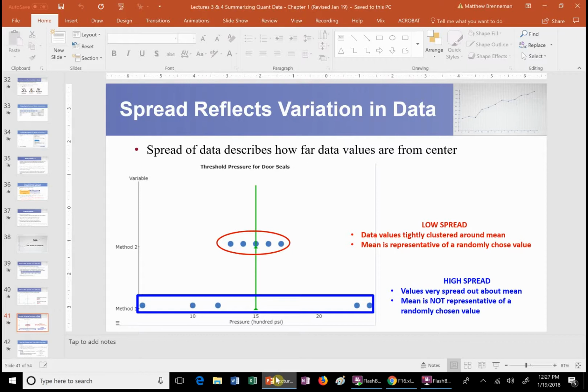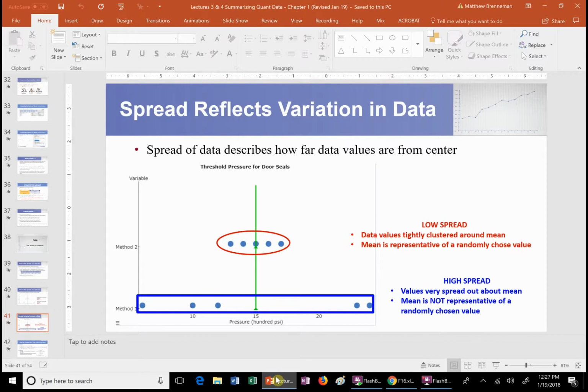For one individual. Why? Because the spread dictates how much wiggle room the values have, right? So these values cannot go very far from the mean. So the spread kind of dictates or influences how we interpret the mean.